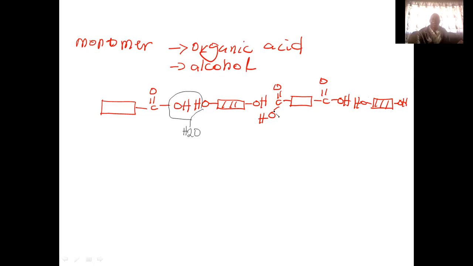Again here, you are going to remove hydrogen from the alcohol and hydroxyl group, so you are removing water here. Similarly here, you are going to remove this one, meaning you are removing water. And this process is known as condensation polymerization.